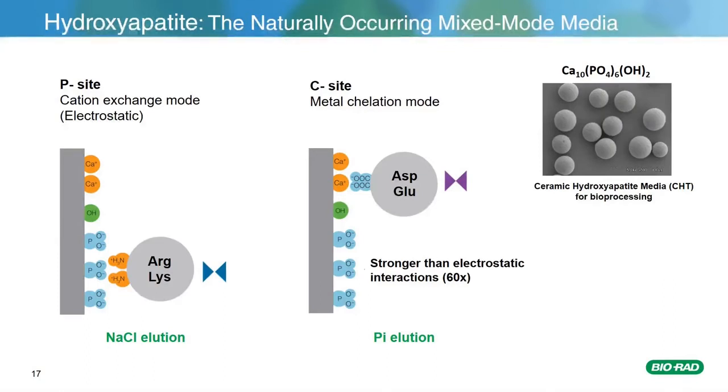Interaction at the C sites is believed to be much stronger than the electrostatic interaction at the P sites, at least 60 times. Elution of the bound proteins can be achieved by increasing concentration of sodium chloride or phosphate or both in the buffer in combination with pH variation, depending on the strength and types of the interactions.